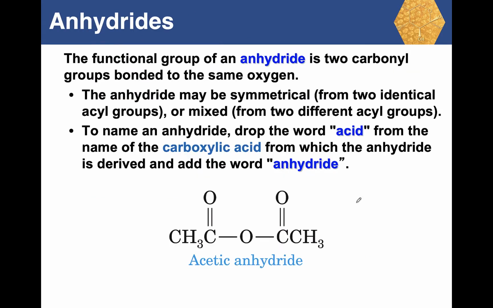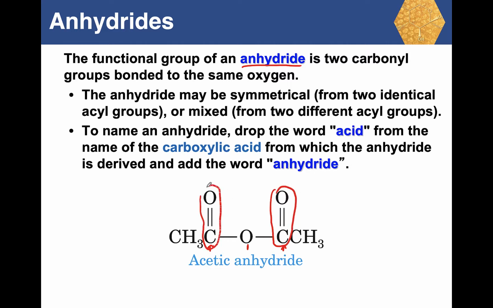Okay, let's look at anhydrides. We won't spend too much time here, but it's a very important compound in organic chemistry. Here's the structure of an anhydride. It's an oxygen that's bonded to a carbonyl and a carbonyl. Remember, the carbonyl here is really the carbon-oxygen double bond.